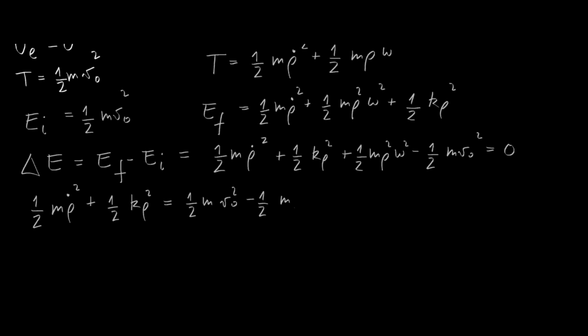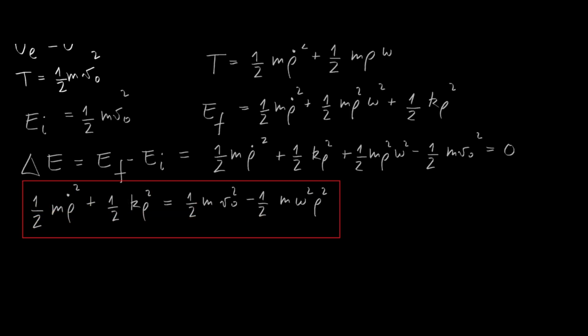I simply pass some terms from one side of the equation to the other, and if we rearrange, we obtain this equation that I will also put inside a red rectangle here.